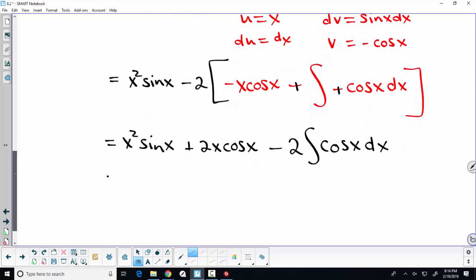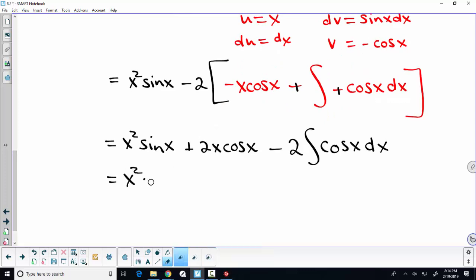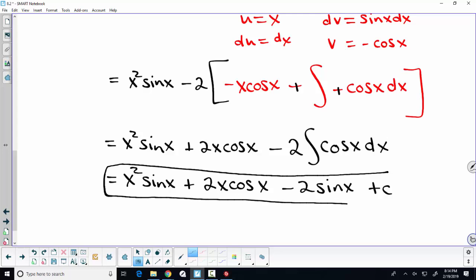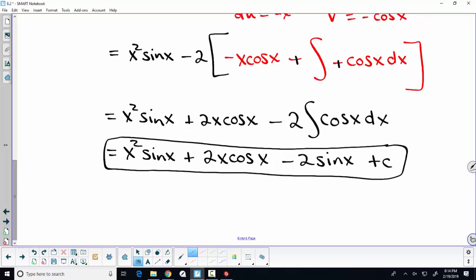So the antiderivative of cosine will complete this, with all of this stuff. Do y'all have any questions on this?